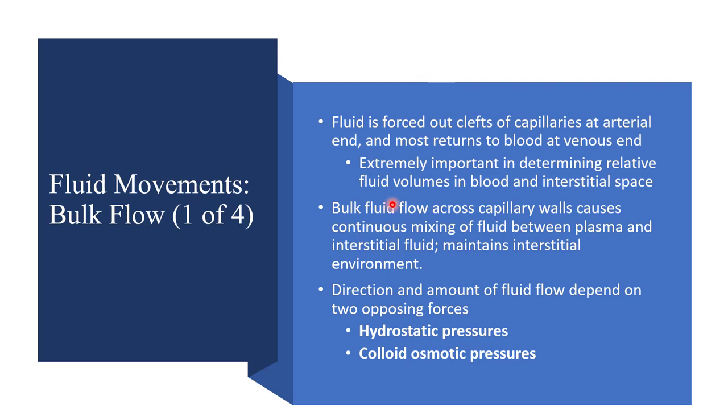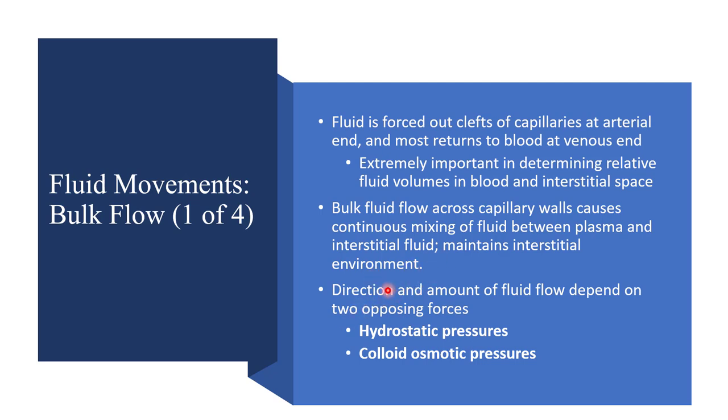This is extremely important in determining your relative fluid volumes in the blood and in the interstitial space. Bulk flow across capillary walls would cause continuous mixing of fluid between the plasma and the interstitial fluid, and thus maintains the interstitial environment.